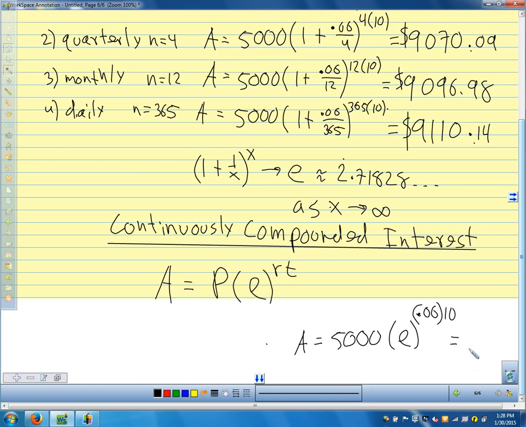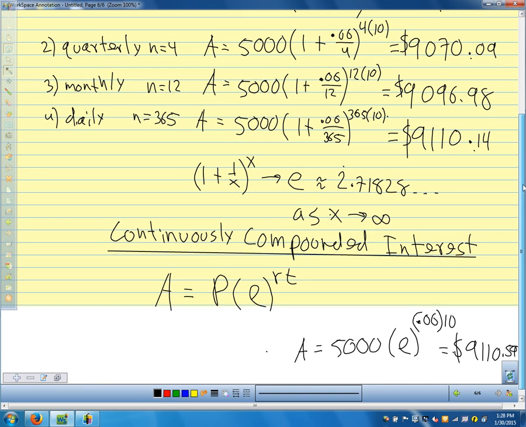And if we calculate that out, I'd get $9,110.59. So a little better than compounded daily, but not a huge amount better than compounded daily. So this would be our continuously compounded interest, and the other one is just our compound interest.